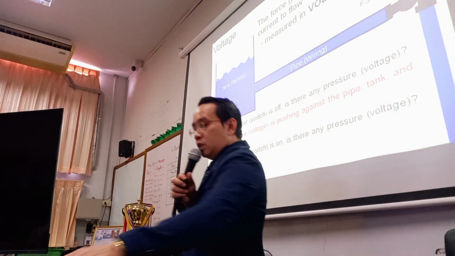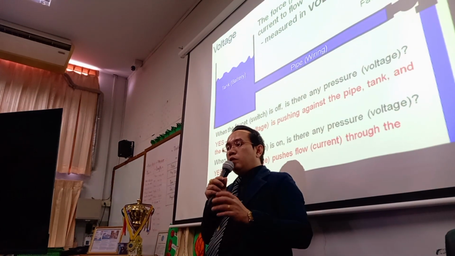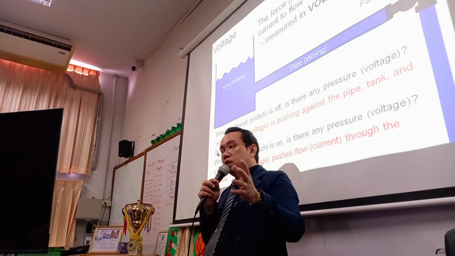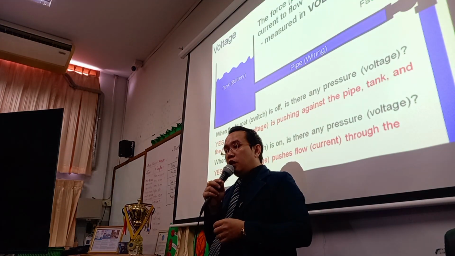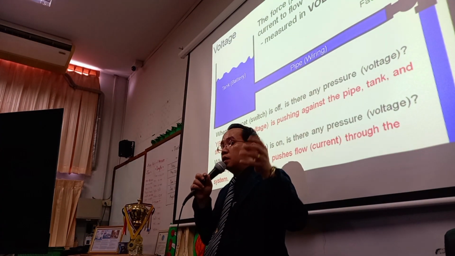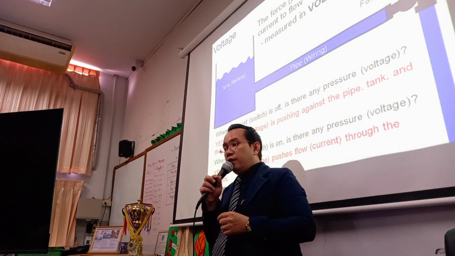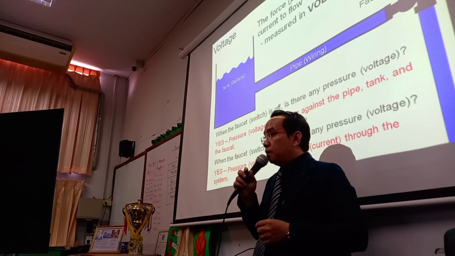The answer is yes. Every time we switch on, the pressure is still present. Even if we switch off, the pressure is still present. So it pushes the flow of current through the system.